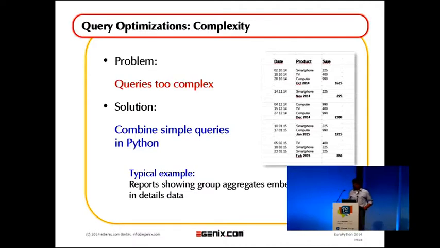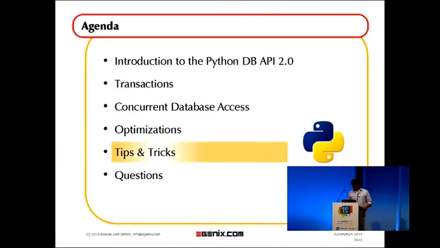Doing that in SQL is really hard, and you can do it, but it's really complex, and it's much easier to do in Python. So for this example, you just run two queries. You run one query for the details, and you run one query for the aggregates, and then you combine everything into a single table, and use that in your application.